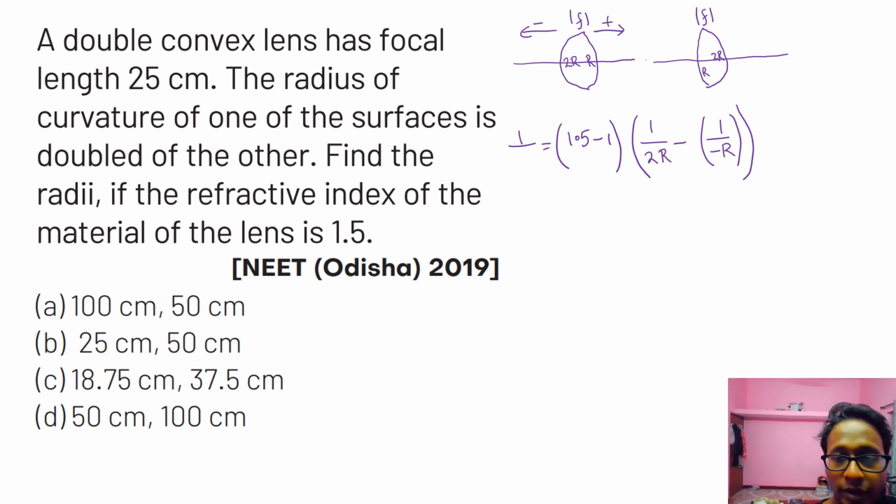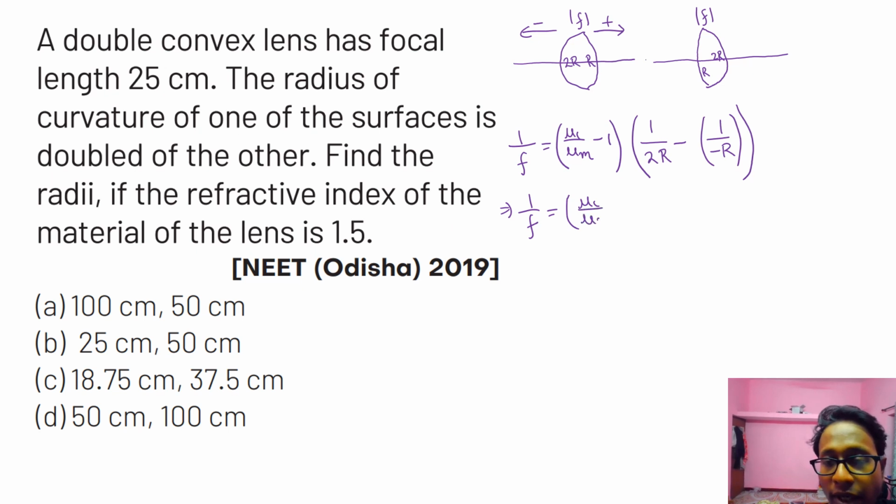Let me keep this as f only. 1 by f is equal to mu l by mu medium minus 1, into 1 by 2r plus 1 by r.